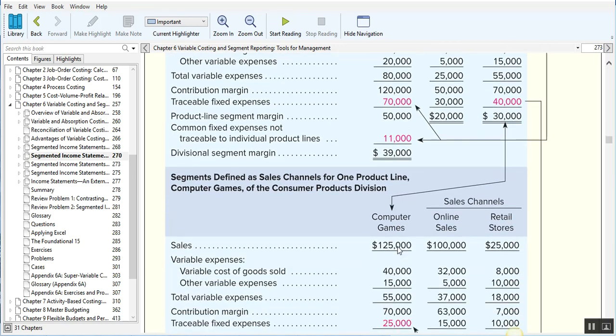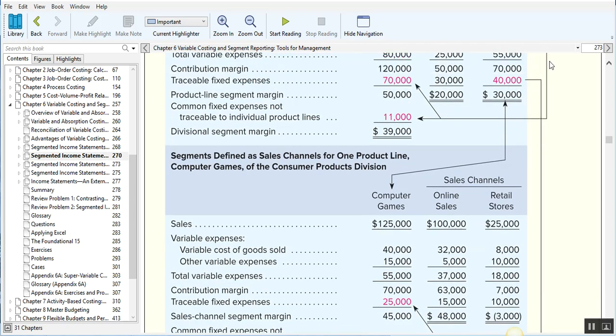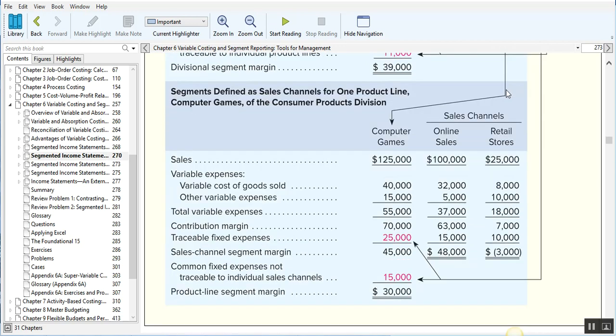So when we break down this computer game based on sales channels, again, what we're going to do is take these sales and the costs associated with them. We have sales of $125,000. We're going to take that down and break it out between online and retail stores. Identify, based on those sales, the variable cost between those two units, the contribution margin between those two sales channels, and then the traceable fixed expenses.